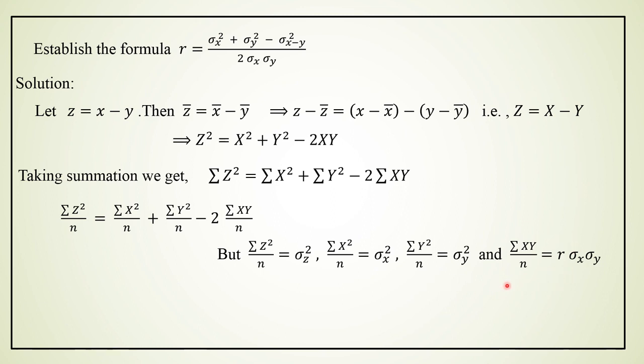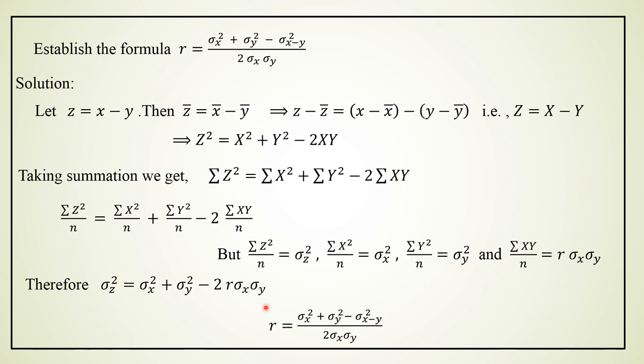So substituting this in the above expression, the equation is of the form summation z square by n, nothing but sigma z square, is equal to sigma x square plus sigma y square minus 2 into r sigma x into sigma y.